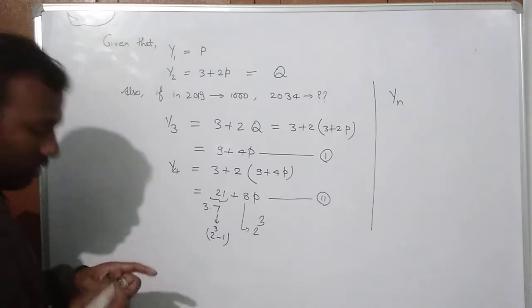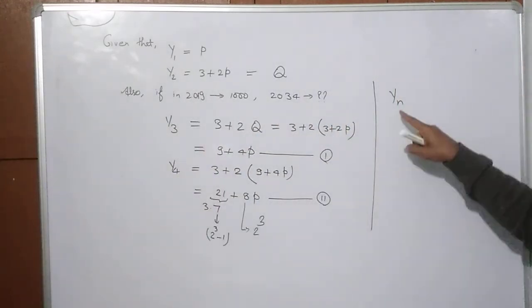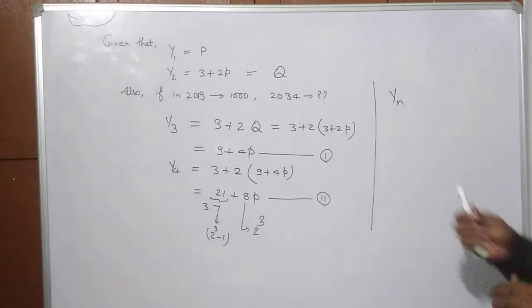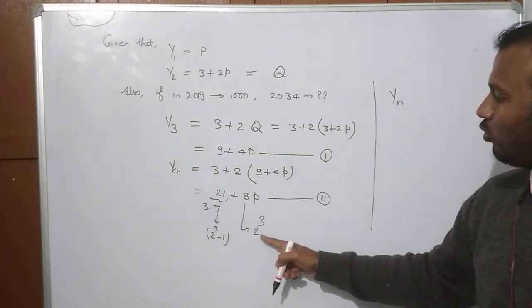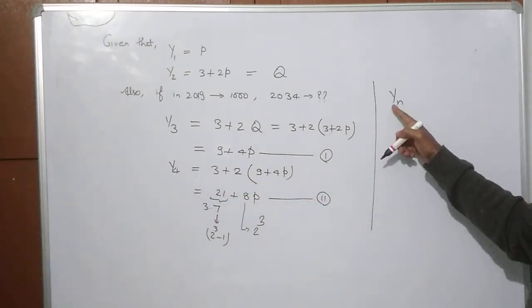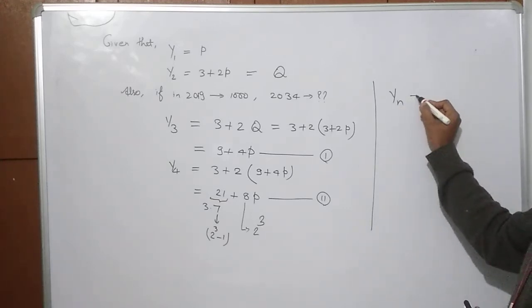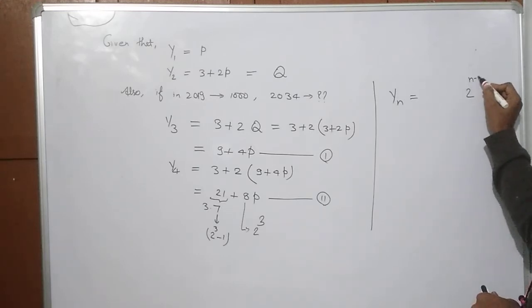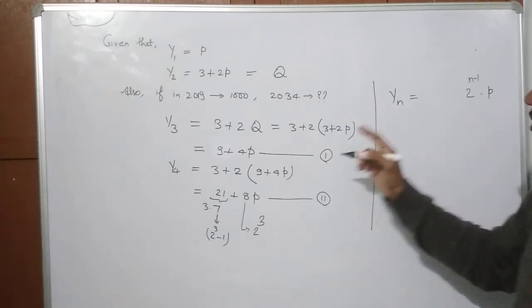So we can say that if we have to find the population in the beginning of the nth year, then for y4 it is 2 power 3, so for yn it will be 2 power n minus 1. And this is the coefficient of P exactly, so multiplied by P. And what is the constant term?